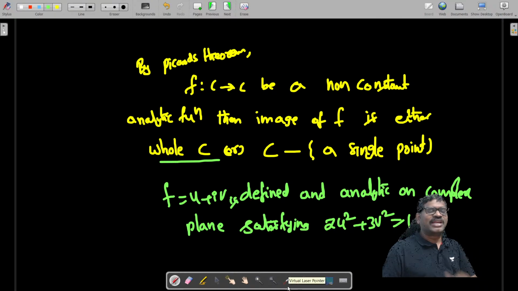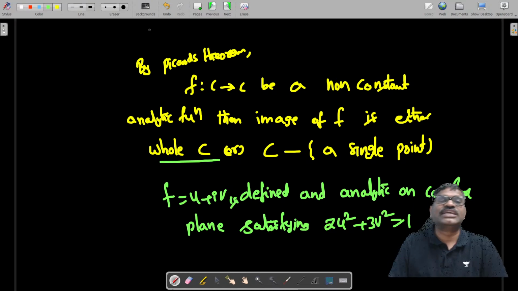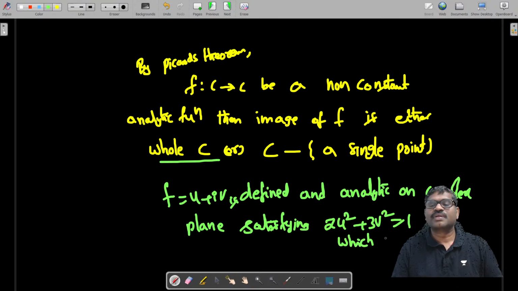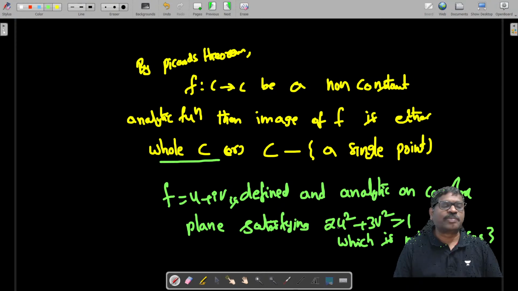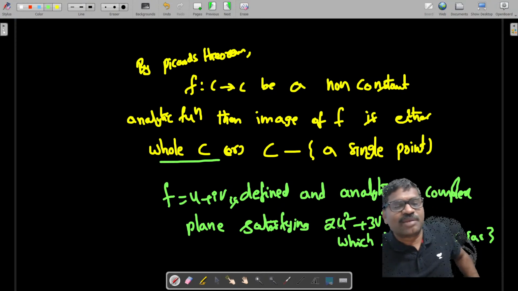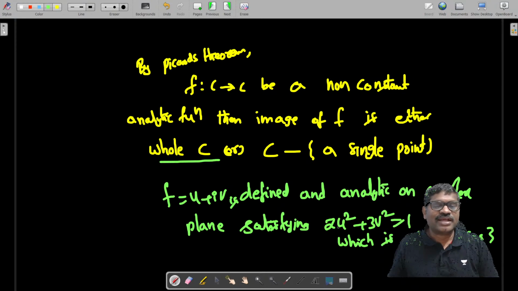C or C minus single point, which is contradicting our Picard's theorem, which is not satisfying the above statement C or C minus a single point. It is like an ellipse. 2u square plus 3v square equal to 1 can be written as ellipse form.